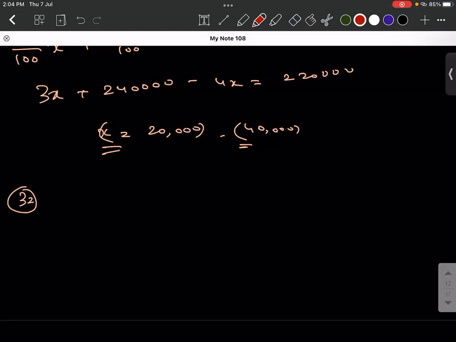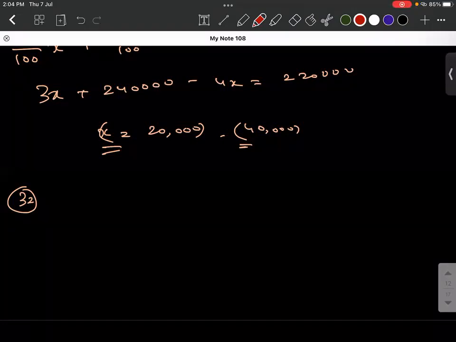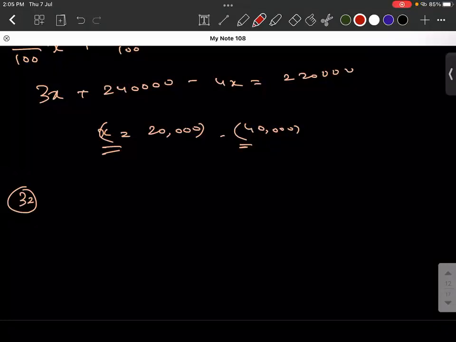Okay, listen. Let's do the 32nd and wind up. The 30th we will discuss later. In the figure below, ABCDE is a pentagon with BE parallel to CD. So when BE is parallel to CD, what equation do you get? X plus Y is equal to 5.